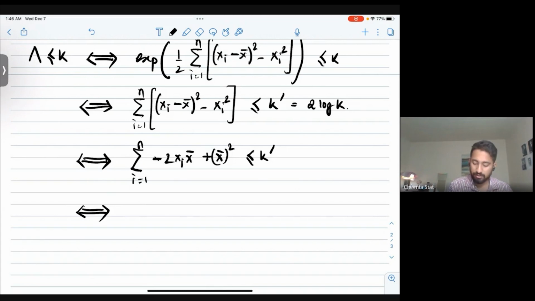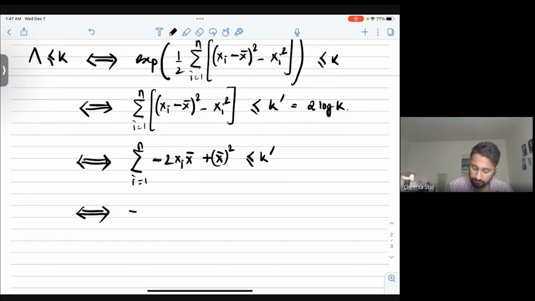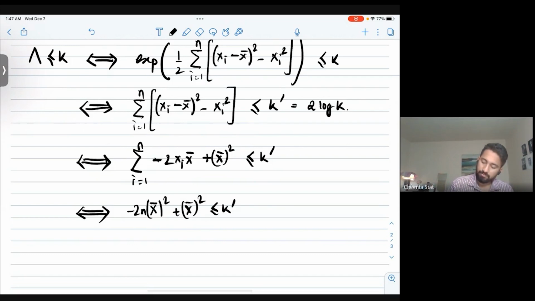Finally, if you add it up, you take minus 2 x bar common, and summation x is nothing but n x bar. You get minus 2n x bar whole square plus n x bar whole square, less than or equal to k dash.